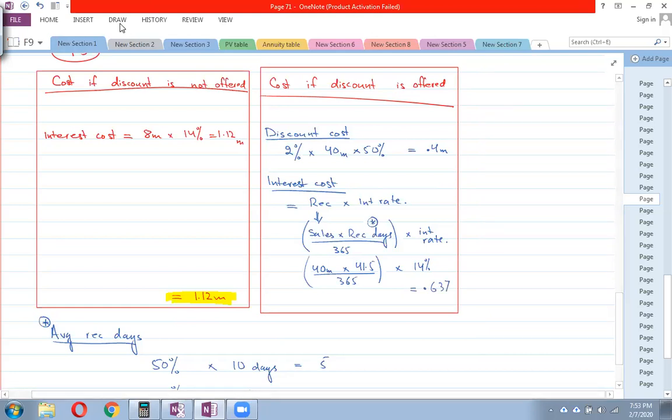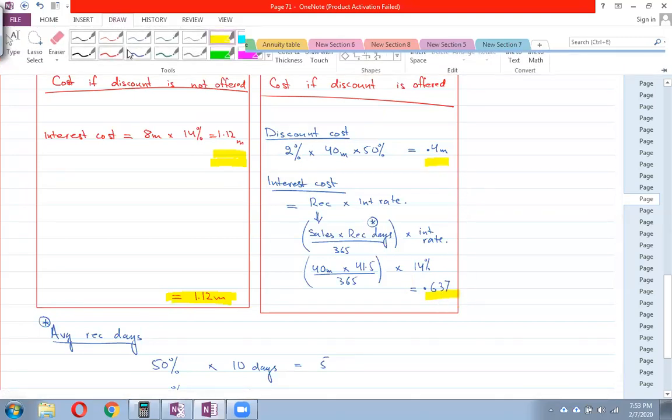0.637. So previously, how much was your total cost? This much. How much is your cost now? The discount cost and the interest cost. Now, though the interest cost has reduced, now we have the discount cost as well. So how much will be the total cost?